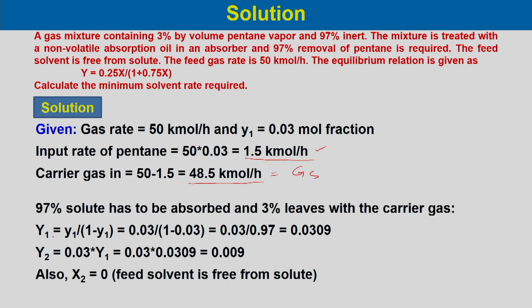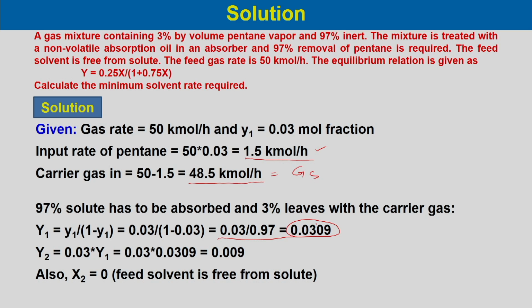So, capital Y1 would be small y1 divided by 1 minus y1, which is equal to 0.03 divided by 1 minus 0.03, which is 0.03 divided by 0.97.